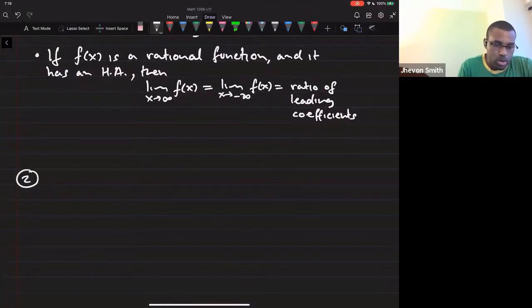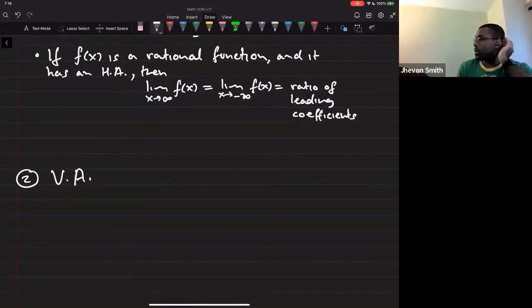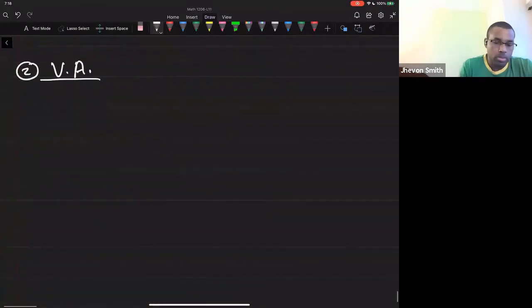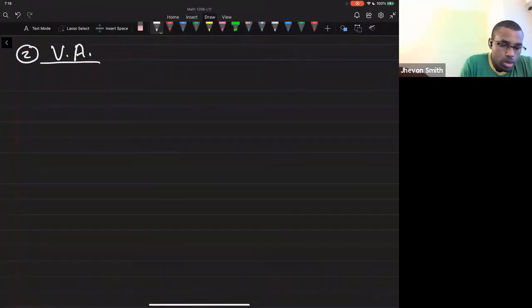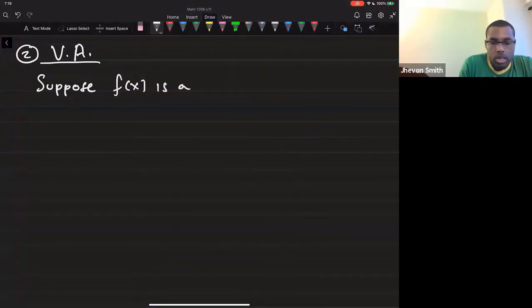Two, vertical asymptotes. All right, so suppose f of x is a function.